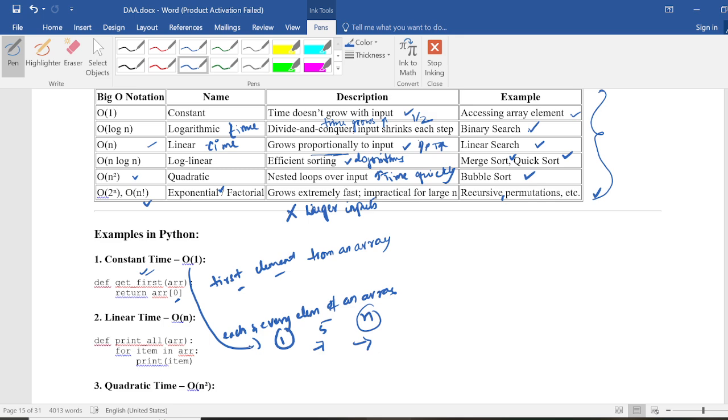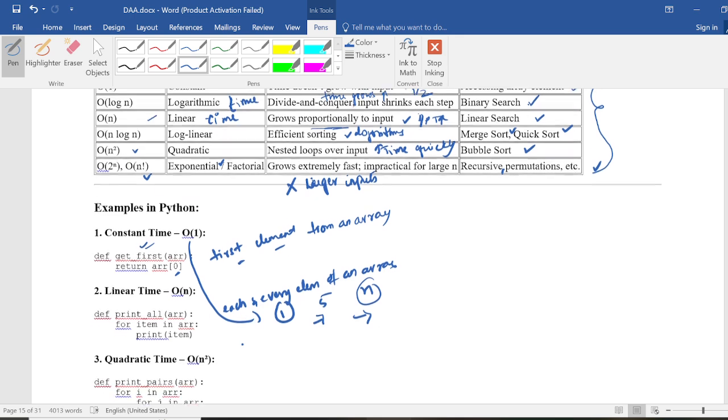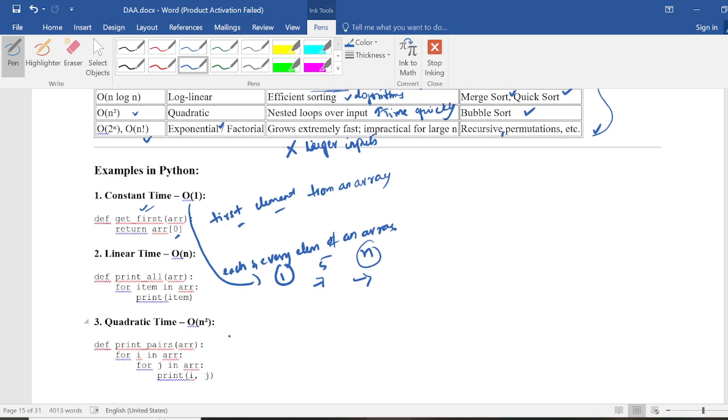Next is quadratic time. As we have already discussed, quadratic time deals with nested loops. This is the first loop and this is the second loop. The number of operations grows faster as the input gets bigger.